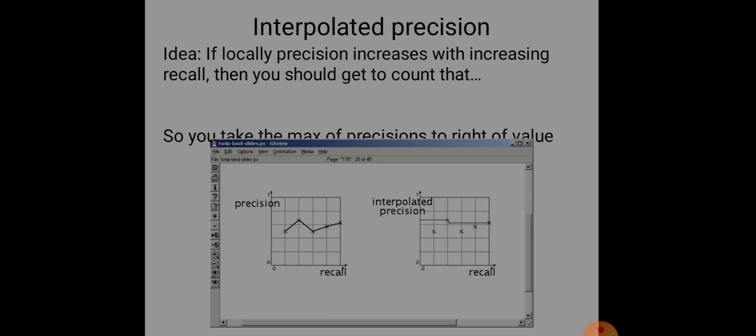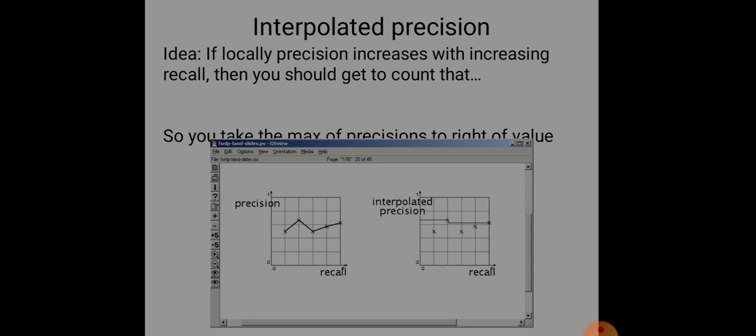You can see in the left hand picture we have the precision and recall graph. If locally precision increases with increase in recall, then you should count that. We may take advantage of this interpolation technique in order to generalize this graph.